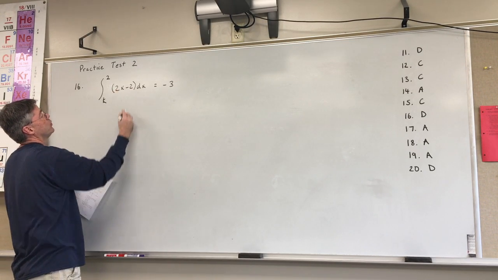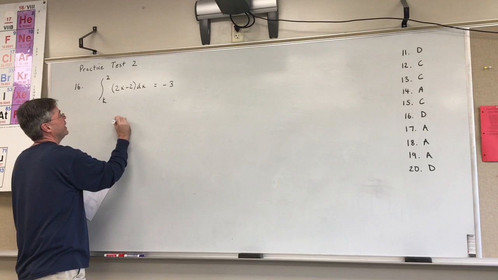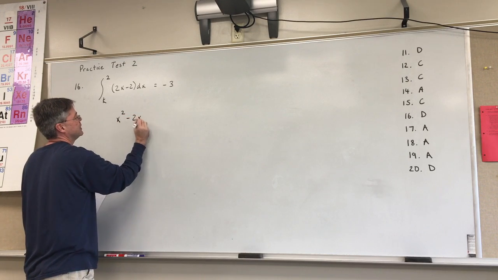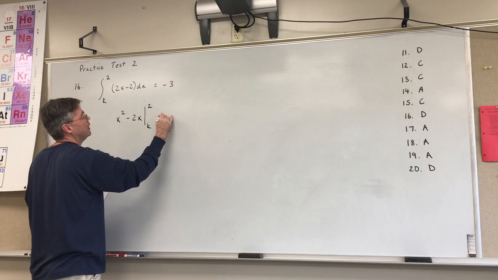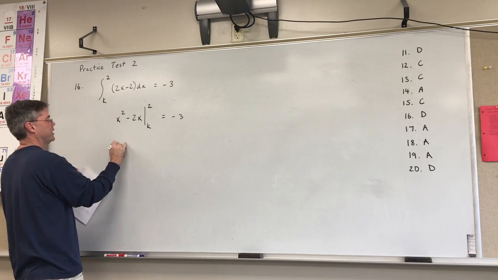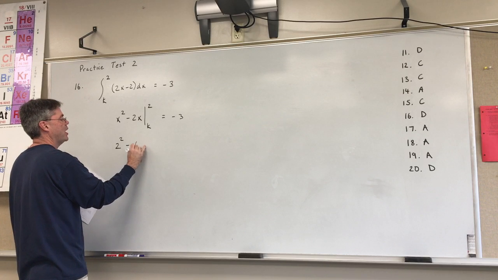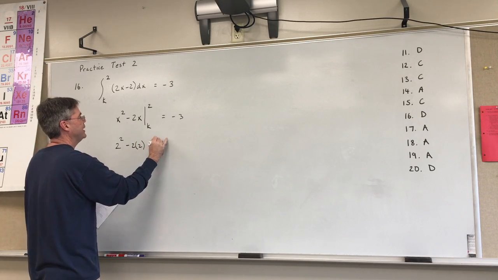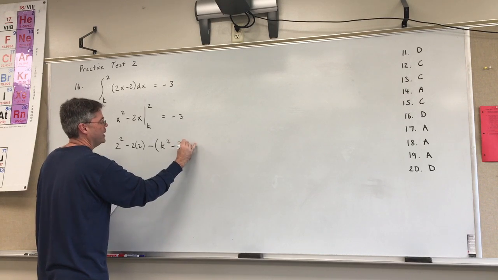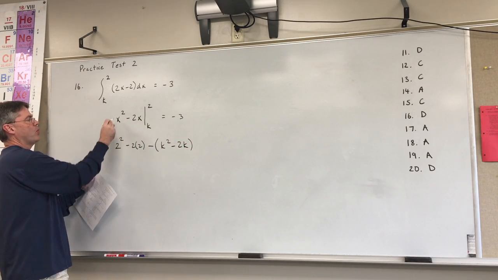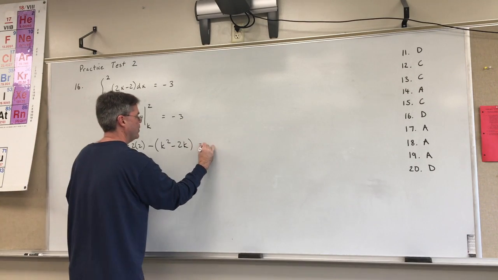Okay, so integrating 2x minus 2, that's going to be x squared minus 2x. We're evaluating that from k to 2, and that's equal to -3. So let's plug in 2. We have 2 squared minus 2 times 2 minus k squared minus 2k, because we plugged the k in for x here, is equal to -3.